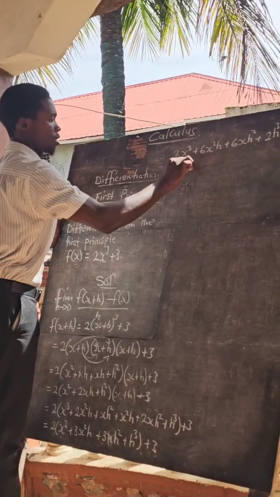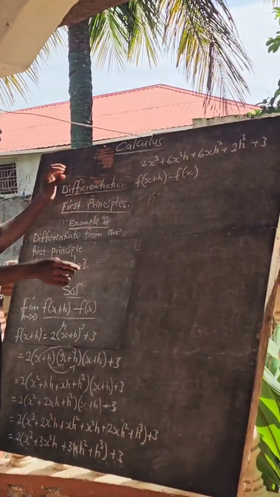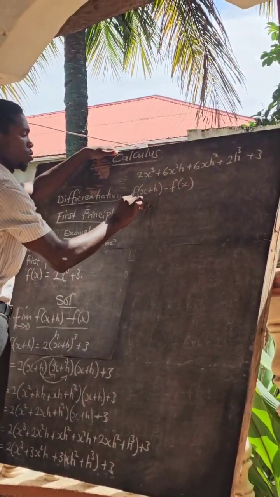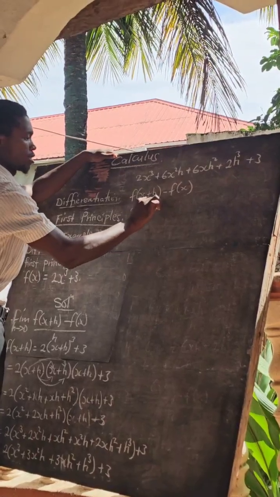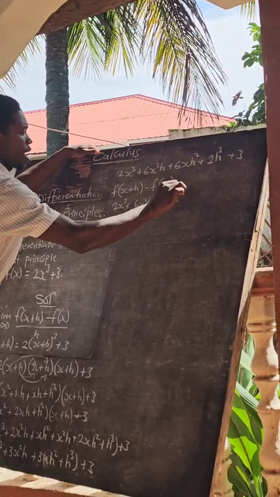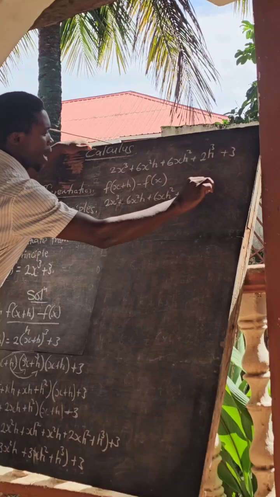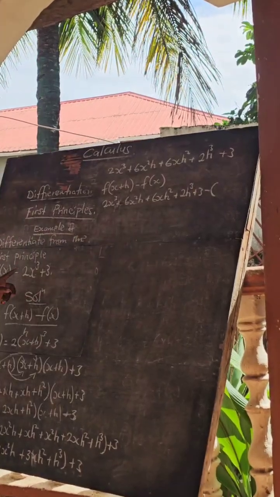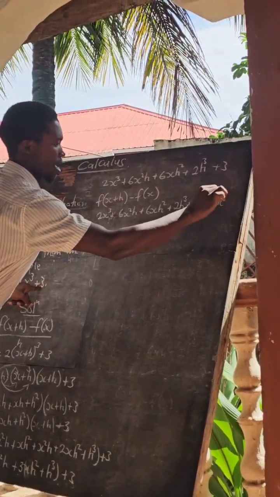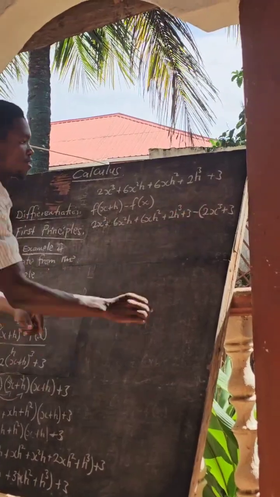So f of x plus h minus f of x: anywhere we see f of x plus h, we put this value, which is 2x cubed plus 6x squared h plus 6xh squared plus 2h cubed plus 3, minus f of x. What is f of x? 2x cubed plus 3. Mind you, this negative will affect everything there.